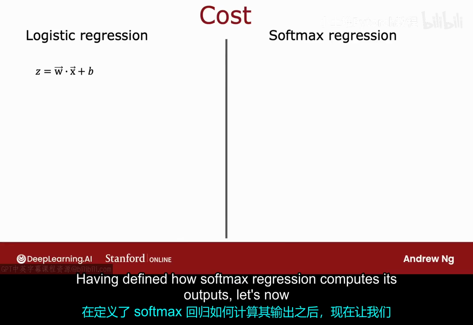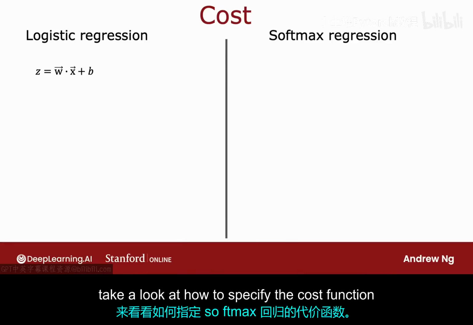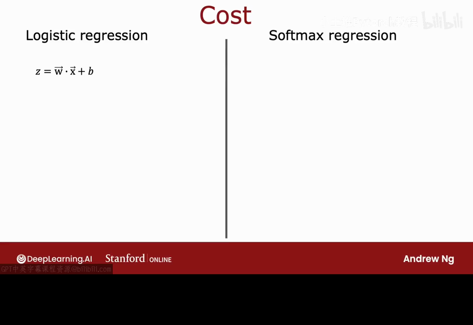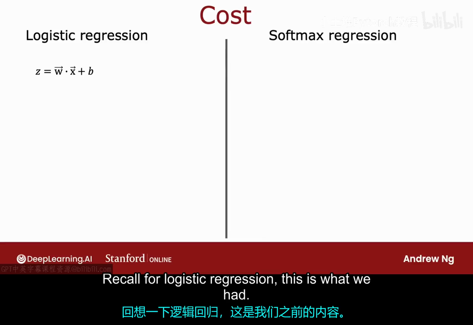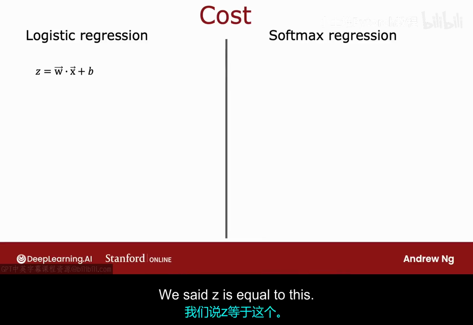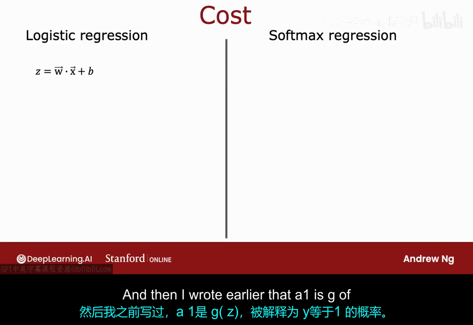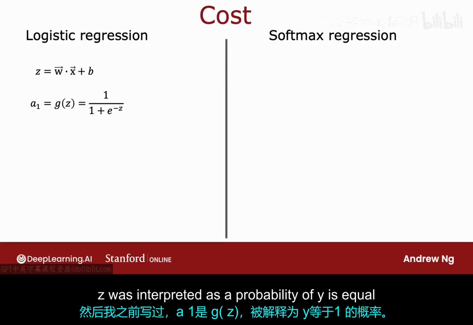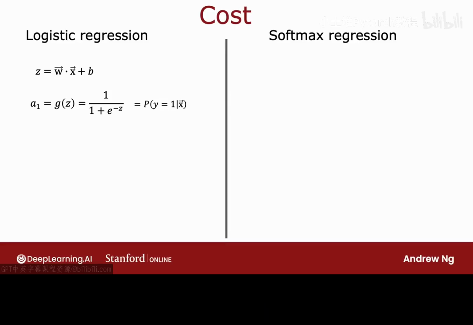Having defined how softmax regression computes its outputs, let's now look at how to specify the cost function for softmax regression. Recall for logistic regression, we said z is equal to this, and then a1 is g of z, interpreted as the probability that y is equal to 1.